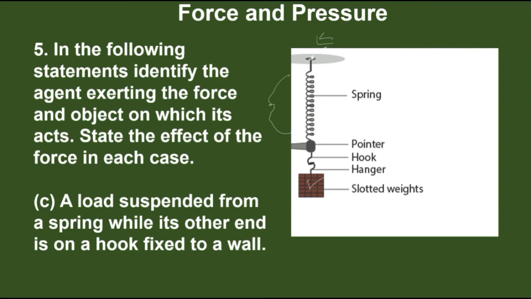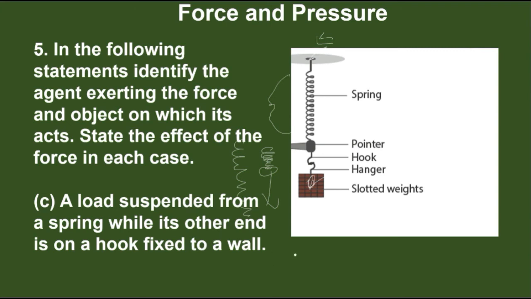Now what happens here? This load will pull the spring down. The spring earlier is just this much. Now when the load is pulling it down, it becomes longer. Right?